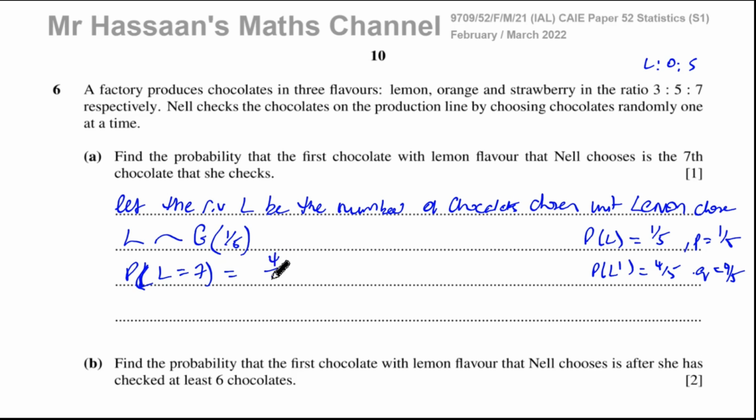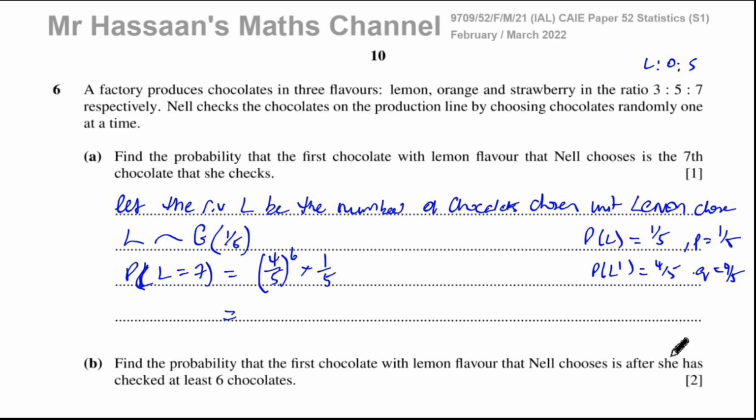So you have 4/5 to the power of 6, times the 7th is going to be 1/5. And this will give you your answer. So this is the geometric distribution here.